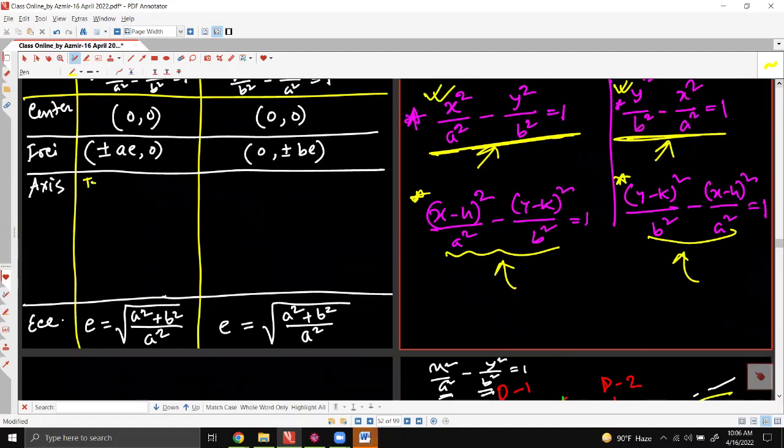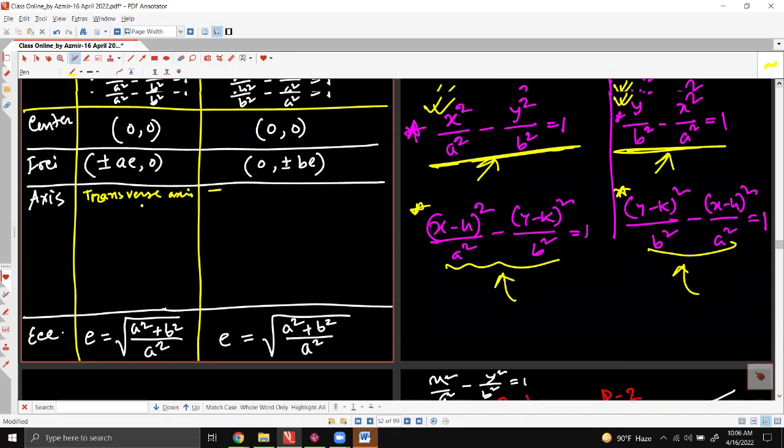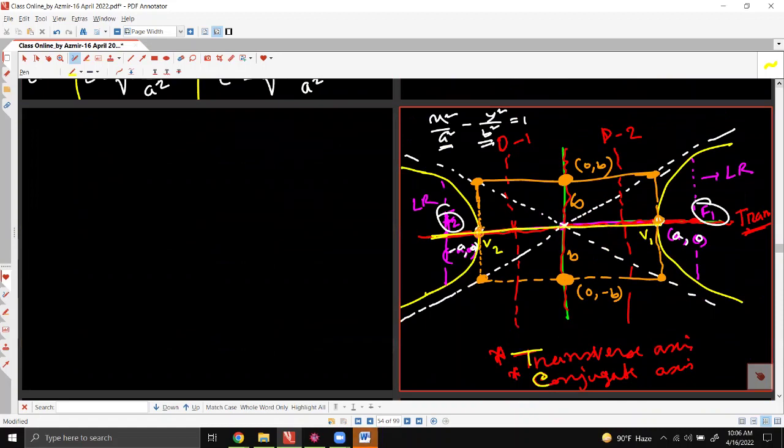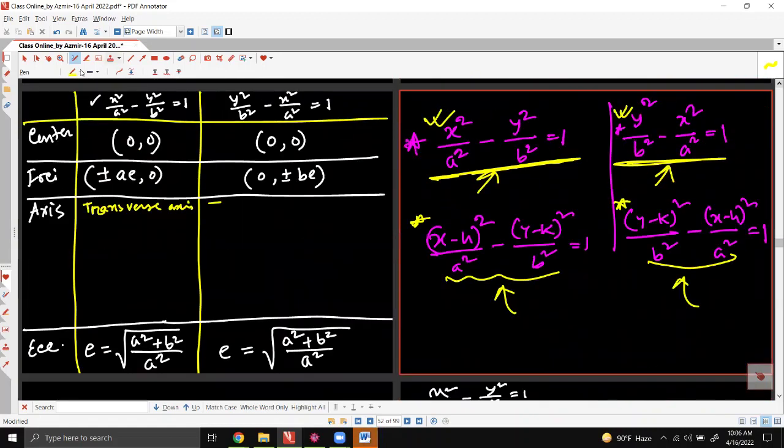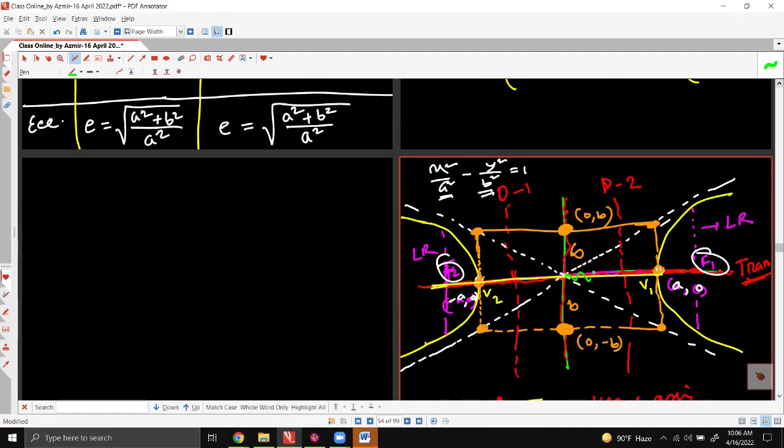So equation of transverse axis. Transverse axis is x-axis. That means x-axis equation is y equals 0 and its length will be 2a. Remember, the length will be 2a because this distance is a and this distance is also a.